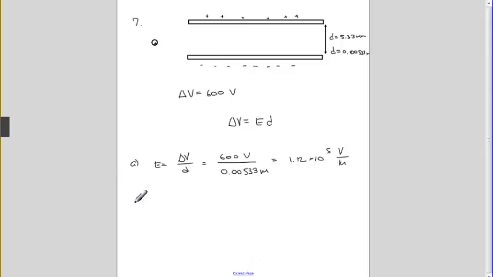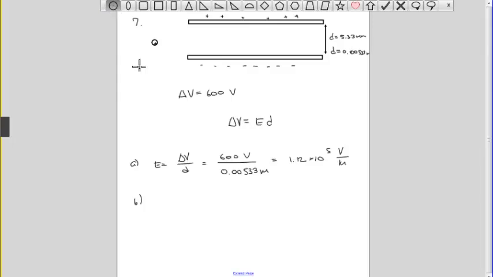That was as easy as it gets. Okay, B. What is the magnitude of the force on an electron between the plates? So we draw a little positive particle up here. Let's draw a little negative particle and put it inside there and think about what's happening to it.